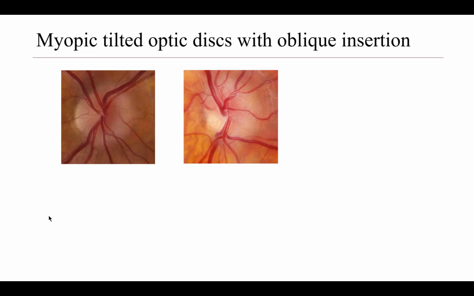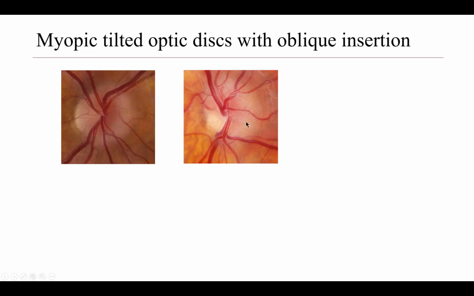Another type of pseudo-papilledema, probably the most common cause of patients referred to me to rule out papilledema, is a mildly tilted disc characterized by this nasal elevation with a characteristic C-shaped pale halo that obscures the margin of the disc nasally and is most often seen in patients with a moderate degree of myopia, say about a -2 to a -6.